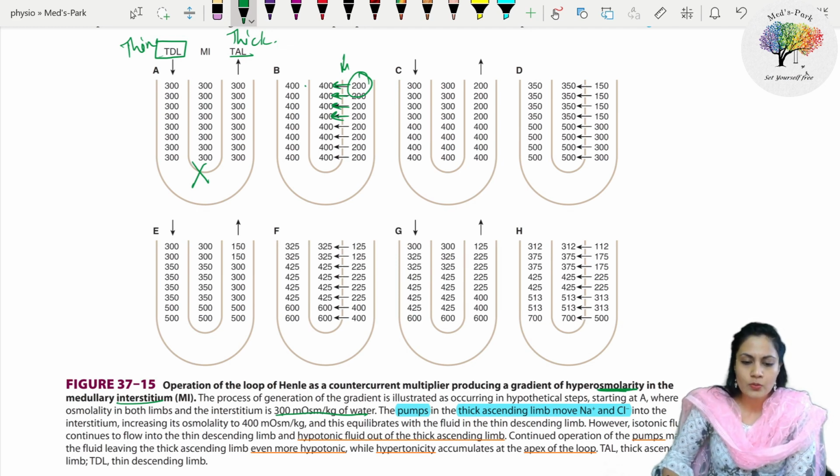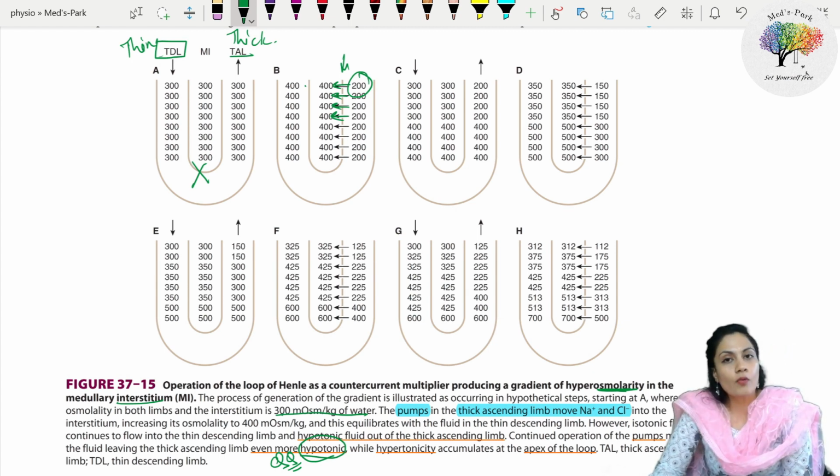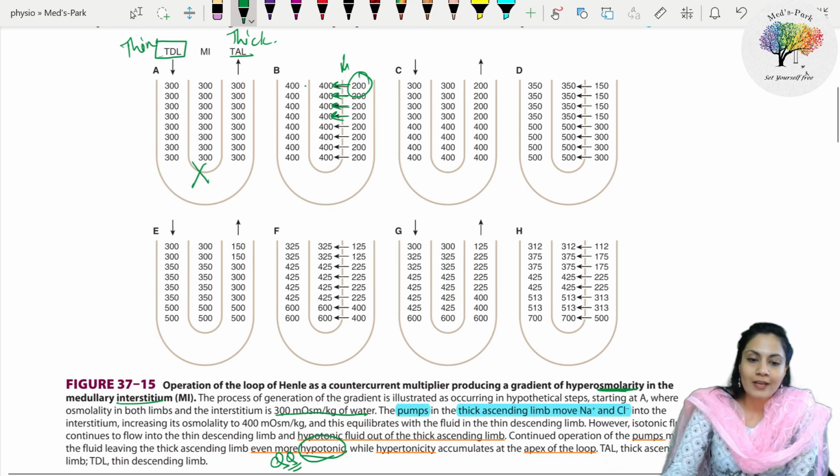And this equilibrates with the fluid in the descending limb, right? However, isotonic fluid continues to flow into the descending limb and hypotonic fluid out of the thick ascending limb. Continued operation of the pumps makes the fluid leaving the thick ascending limb even more hypotonic. So this is one of the questions which comes in NEET, INI-CET or any entrance exam: fluid leaving the thick ascending limb of the loop of Henle is going to be hypotonic.